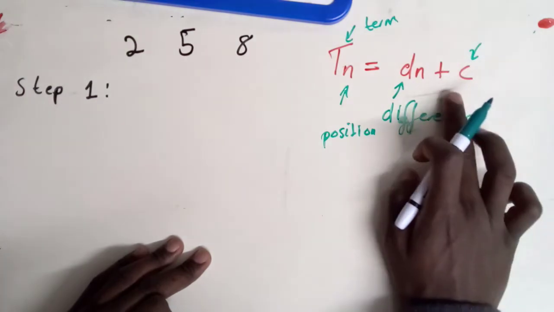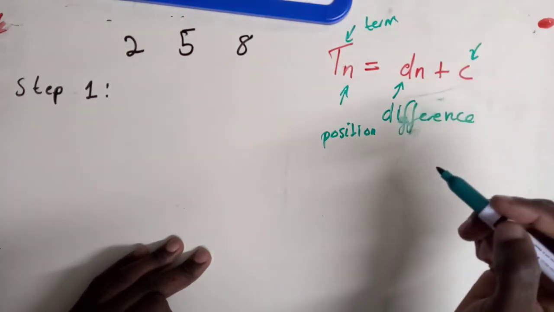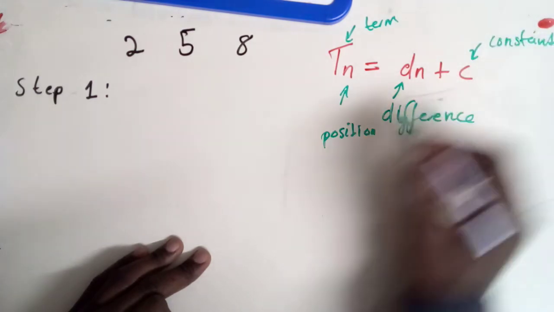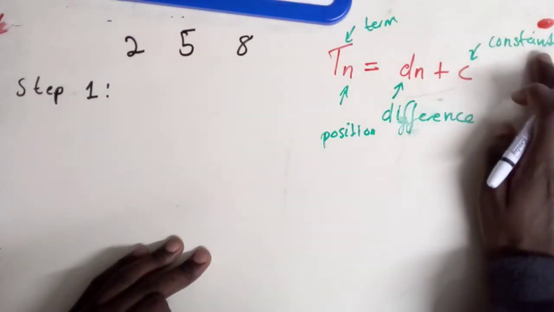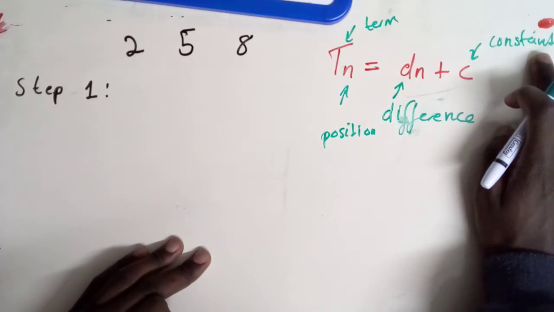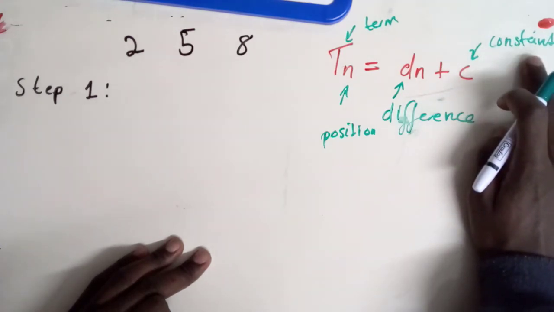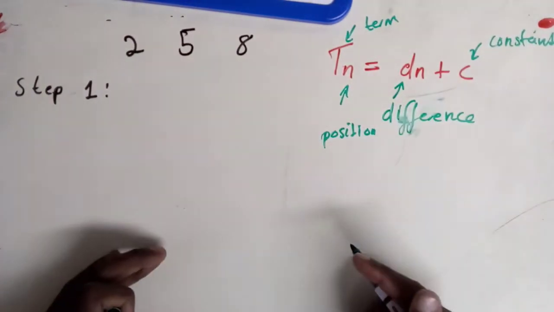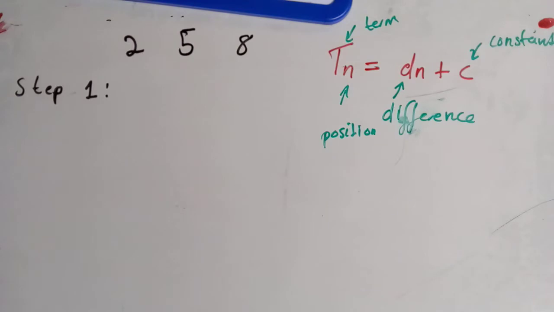And this is something that you don't know, but I am telling you right now, it's a constant. Please do not confuse it. It's not the constant difference. No, it's a constant. It's a number that just remains constant. Okay, let's continue.